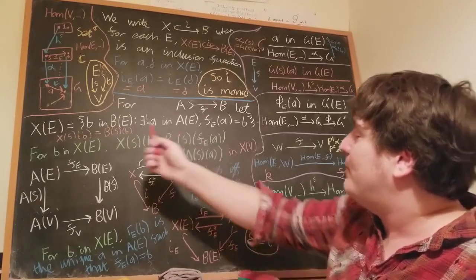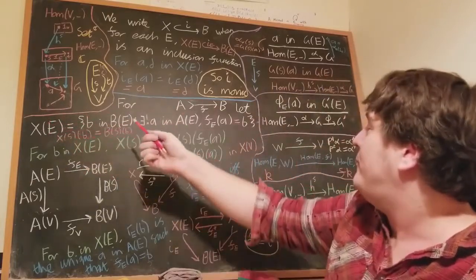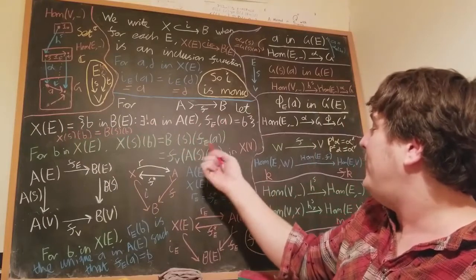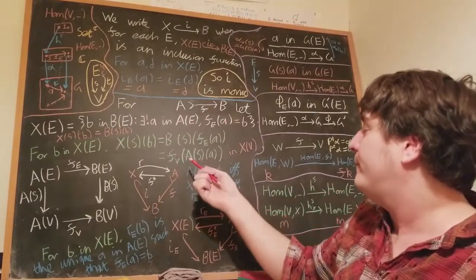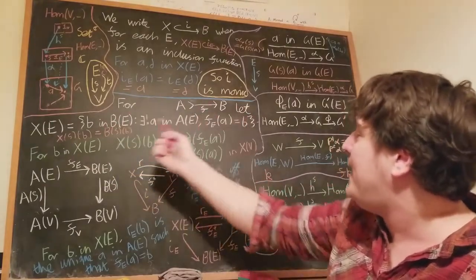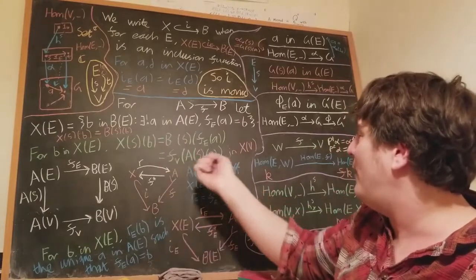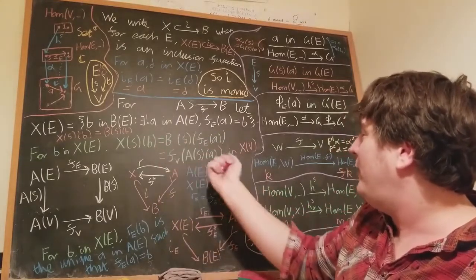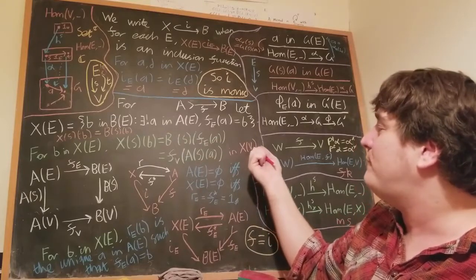And if you think about how x of v would be defined by an equation like this, the existence of something in A which gets sent under the appropriate f function to our element of interest implies that our element of interest must be in capital X of V.